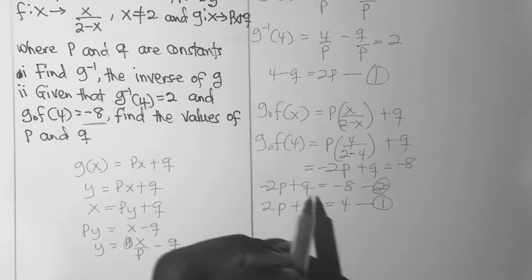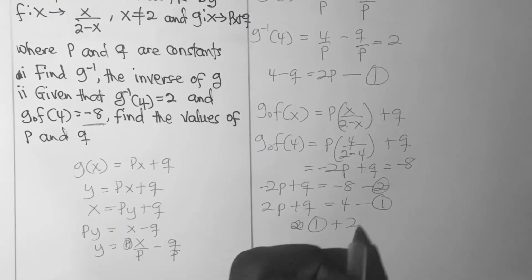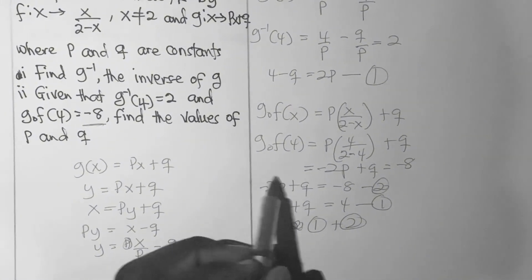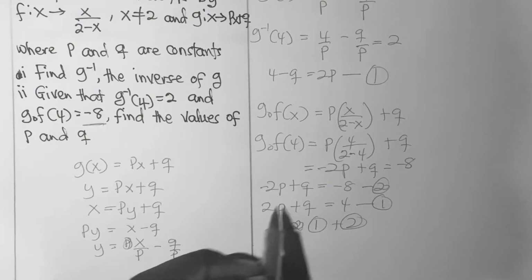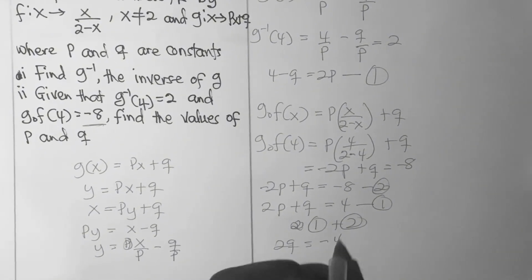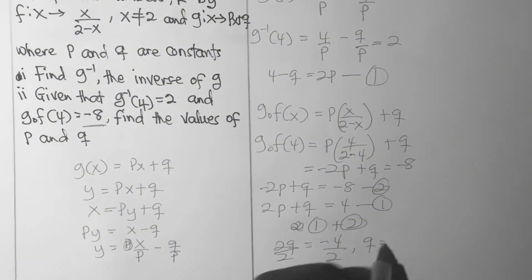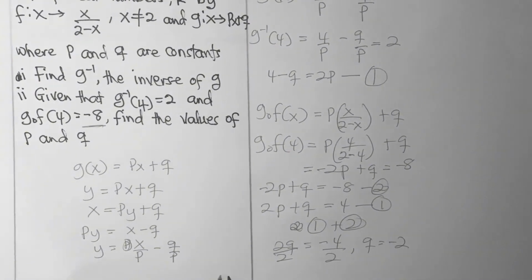So if we add equation 1 and then equation 2, we find out that minus 2p plus 2p is 0. So q plus q is 2q equals minus 8 plus 4, which is minus 4. So if you divide through by 2, we find out that q is equal to minus 2.